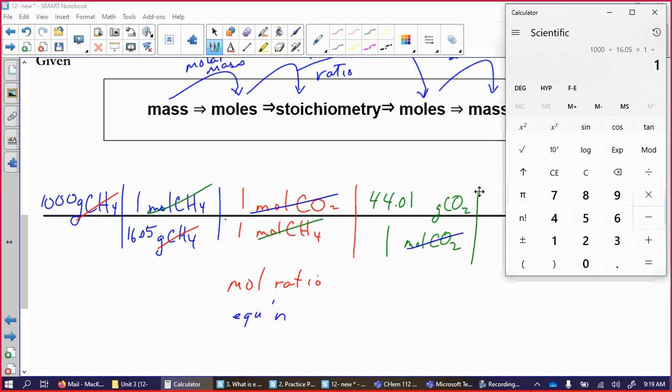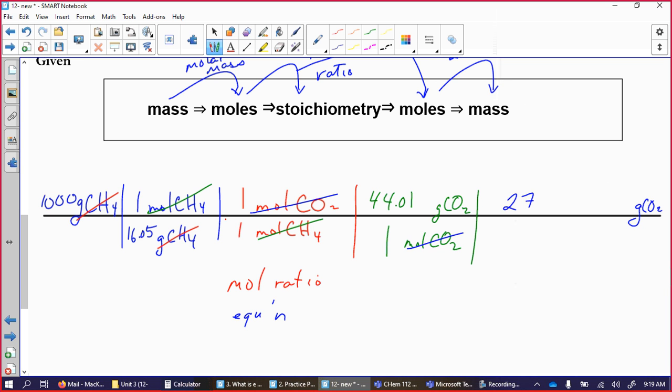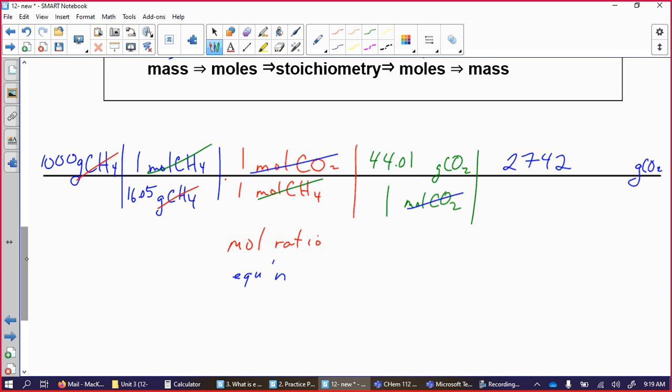And then the 44 is on the top, multiply by that. So 1,000 divided by 16 times the numerator in the mole ratio divided by the denominator multiplied by that molar mass. And I push equals because I'm not super worried about significant figures. We get 2,742 grams of carbon dioxide, which is one of the reasons burning fossil fuels isn't so good.